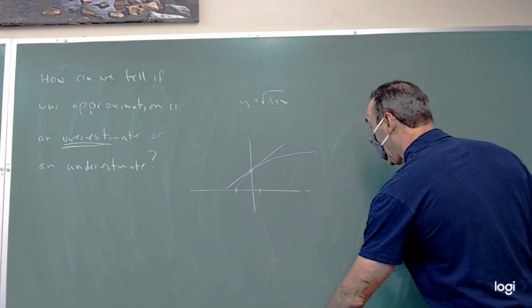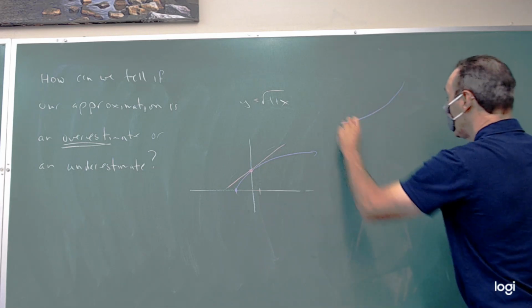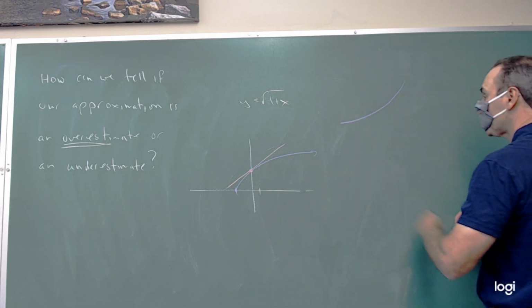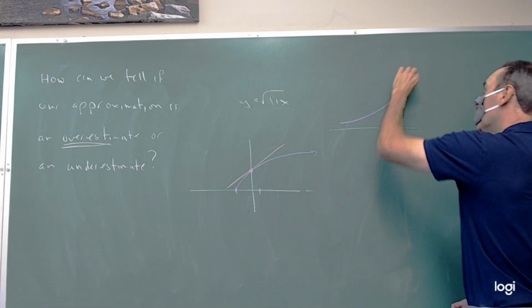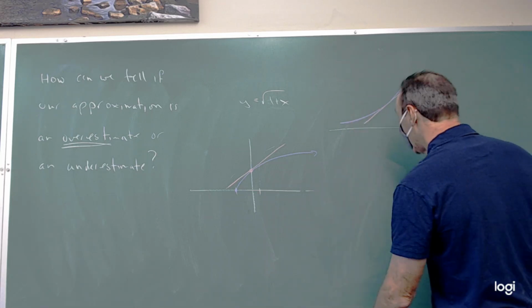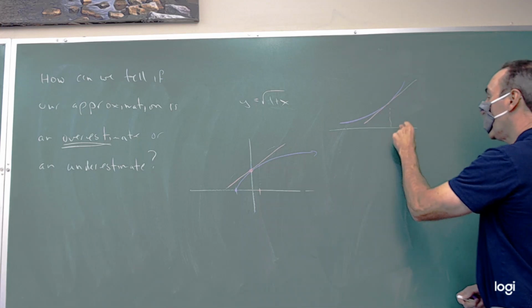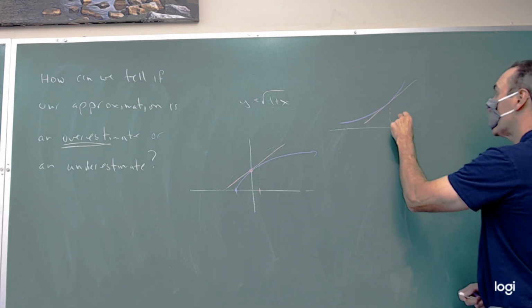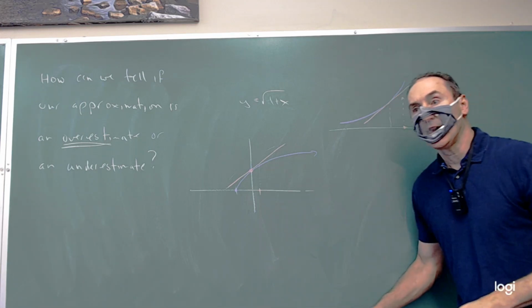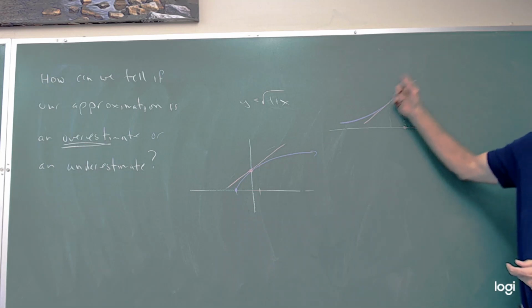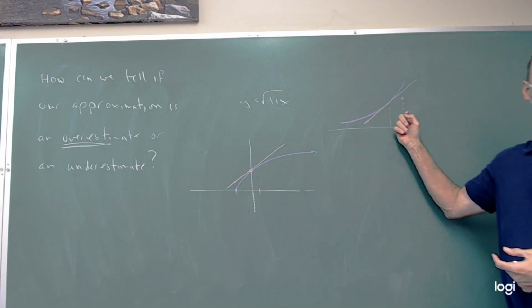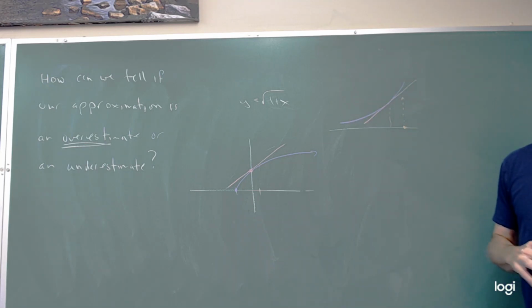If we had a function that was concave up, and we had our tangent line to that curve, and we wanted to go a little ways away in either direction and use the tangent line as an approximation to the value of the function, because the function is concave up, this would have been an underestimate. So this is going to be important.